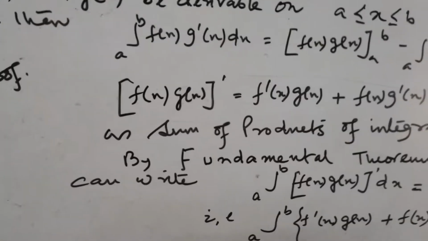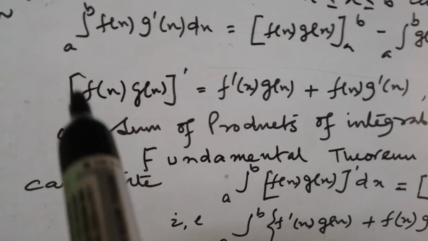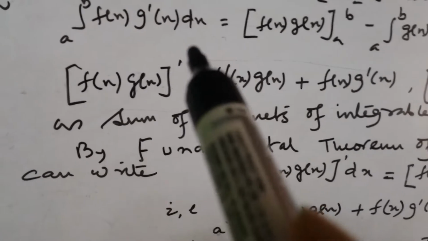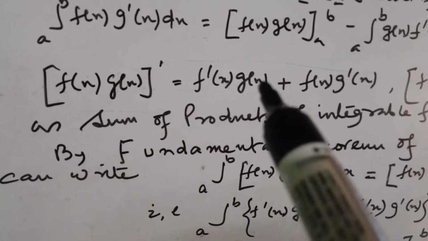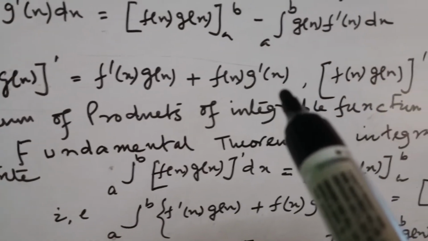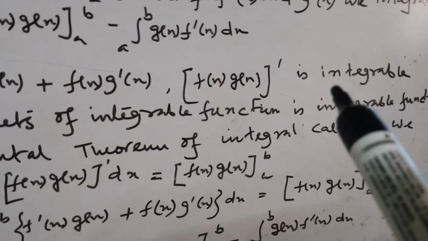Now the proof. Since f(x) g(x) is derivable, its derivative is f'(x) g(x) plus f(x) g'(x), and we know that this is integrable. Why?